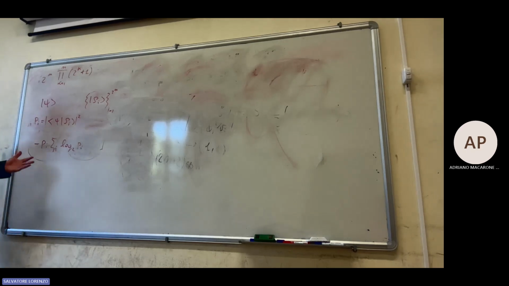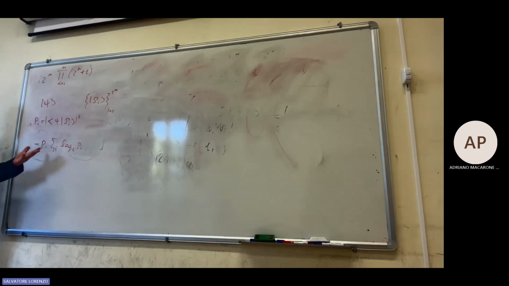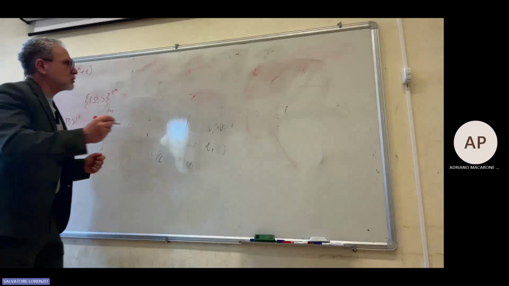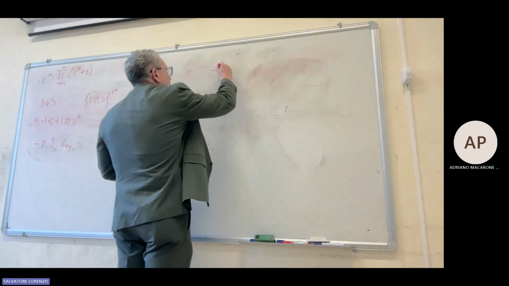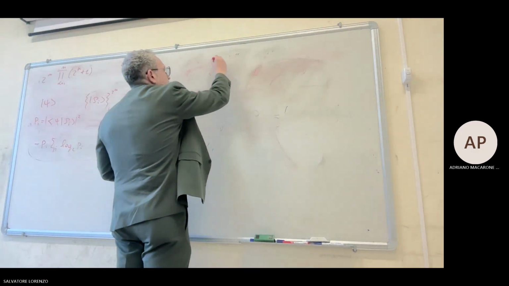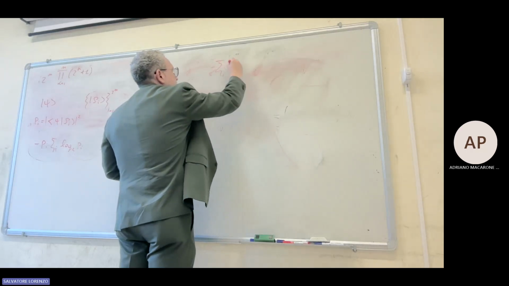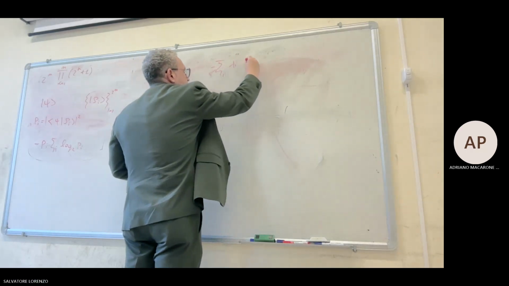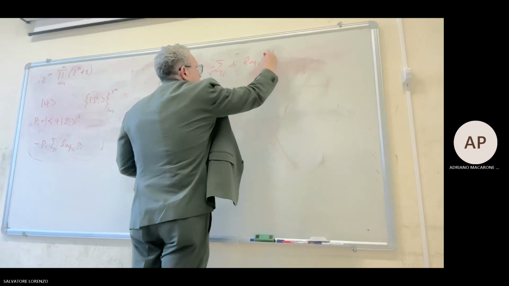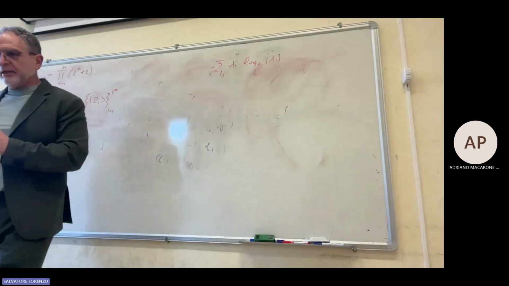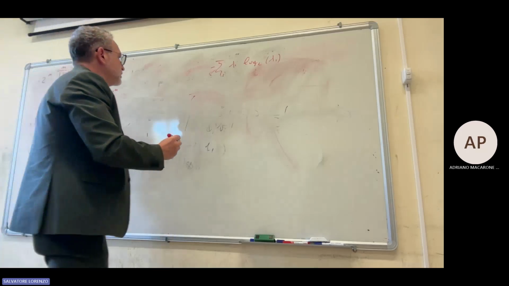We never talked about the Rényi entropy. The Rényi entropy can be considered a generalization of the von Neumann entropy. In the von Neumann entropy, we always have the sum over i of minus lambda_i log 2 of lambda_i. But in the Rényi entropy, we do something different.